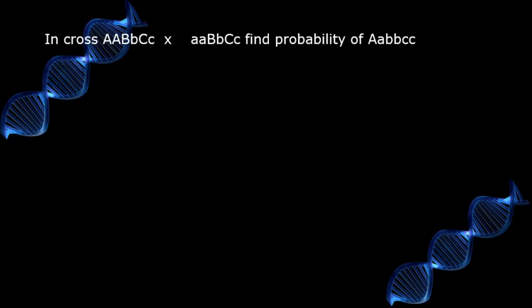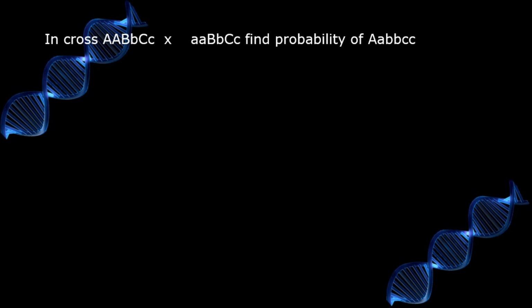So we can check a few questions in this probability of genetics. Here a question: a cross, capital A, capital B, small b, capital C, small c individual, crossed with small a, capital B, small b, capital C, small c individual.